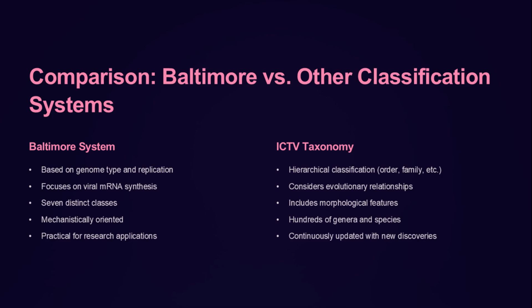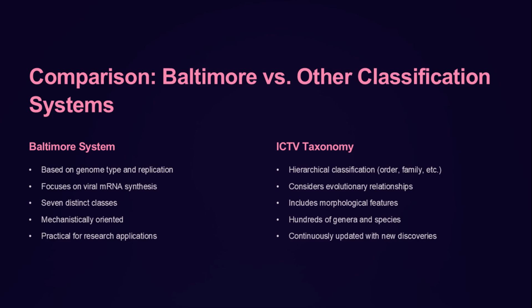The Baltimore Classification System is based on viral genome type and replication strategy, focusing on viral mRNA synthesis. It has 7 distinct classes, making it a mechanistically oriented system that is practical for research applications. In contrast, the ICTV taxonomy uses a hierarchical classification system that considers evolutionary relationships and morphological features.